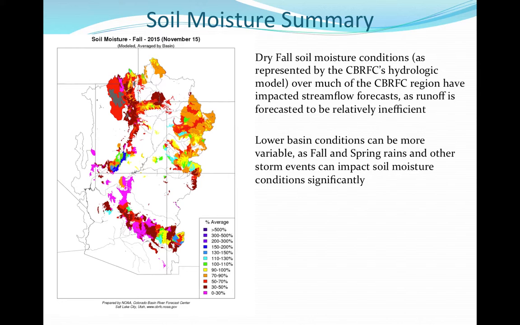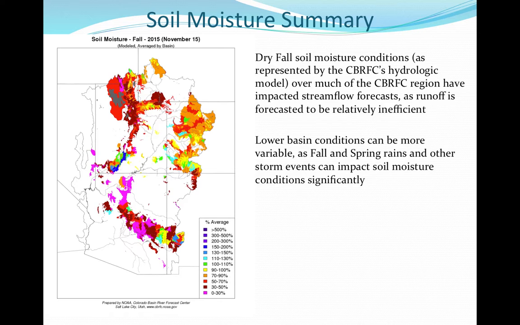And another one of those primary drivers is soil moisture. When we have drier soils, we tend to experience less efficient runoff. And what you're seeing here is our soil moisture representation from this fall before the snowpack began to accumulate. And you can see very dry conditions throughout the entire CBRFC region.